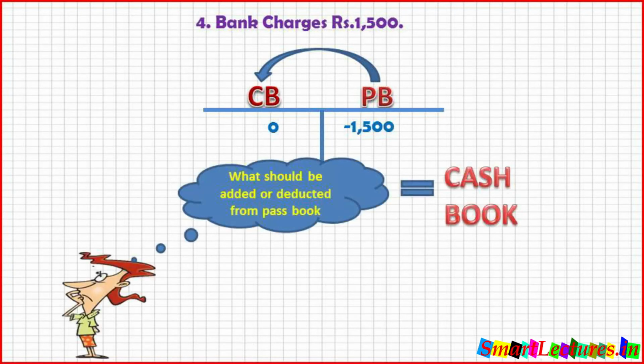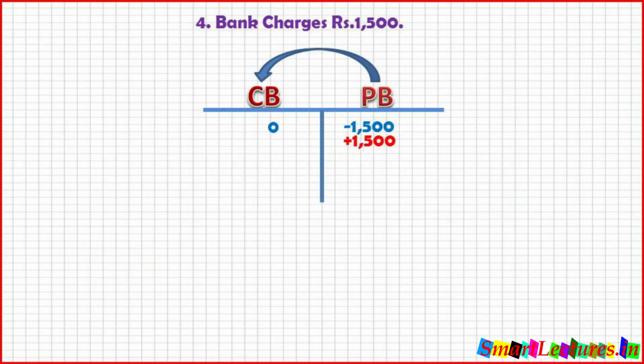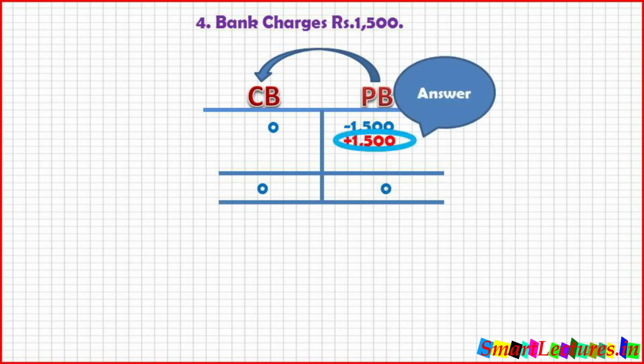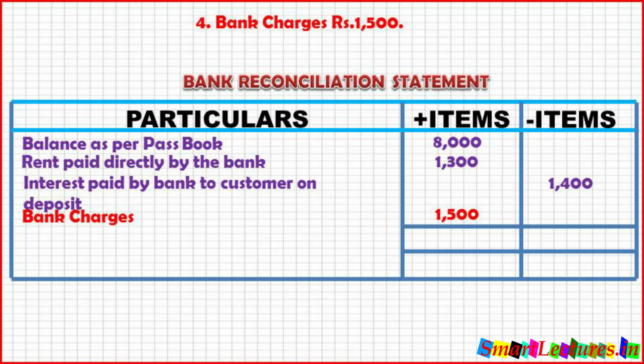Now what should be added or deducted from passbook so that we can reach the balance of cash book, means we can reach 0? Naturally, we will have to add 1,500 and the total on both sides will be 0. So this is our answer, plus 1,500. So bank charges 1,500 on the plus side. So what's the total? 11,800 on the plus side, 1,400 on the minus side.